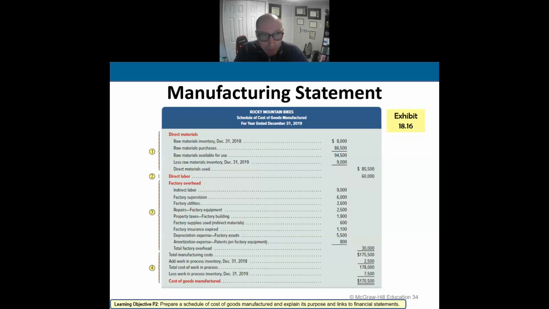And we see that it includes direct material, direct labor, factory overhead, getting all the way down to our cost of goods manufactured.